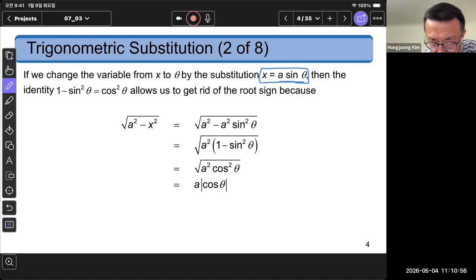So a squared minus x squared will be a squared minus a squared sine theta squared, and a squared is common, so I can rewrite this as a product of a squared times 1 minus sine theta squared, and 1 minus sine theta squared is cosine theta squared. So by eliminating this square root sign, we get a times the absolute value of cosine theta.